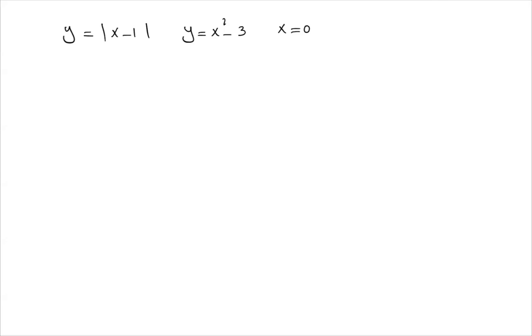So let us take a look at our graph. This is my x-axis. This is my y-axis. So graphing x squared minus 3 is not that difficult, right? If we were to graph x squared minus 3, we just move 3 units down.